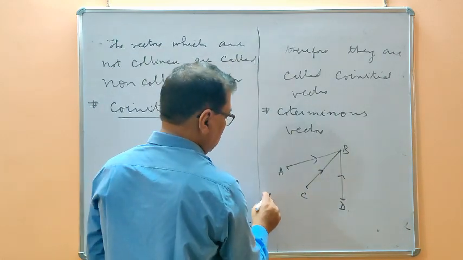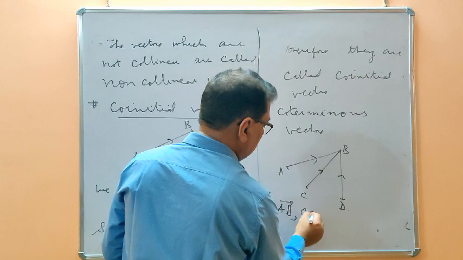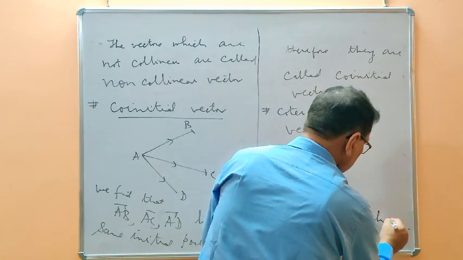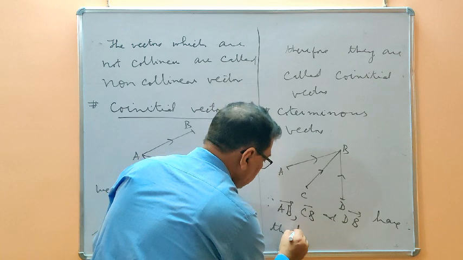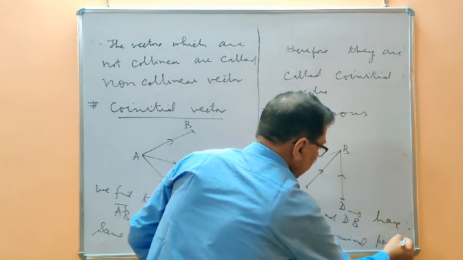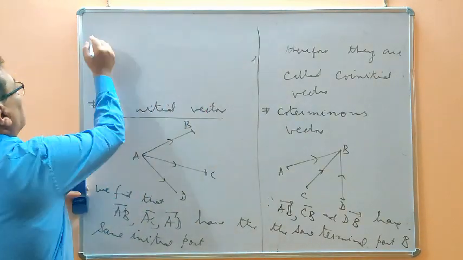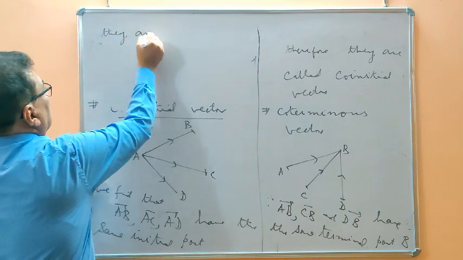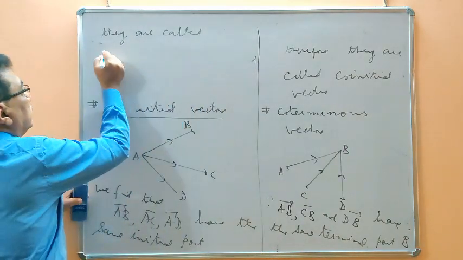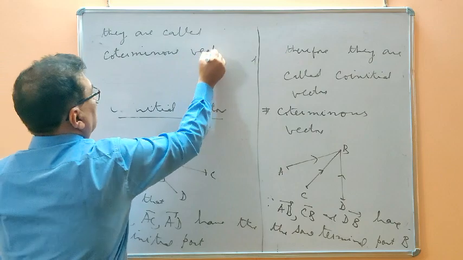So since the vectors AB, CB and DB have the same terminal point B, so they are called coterminous vectors. Okay.